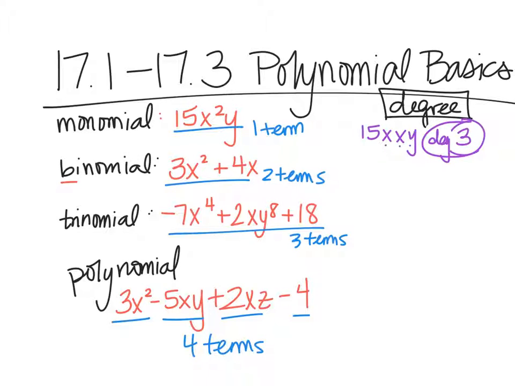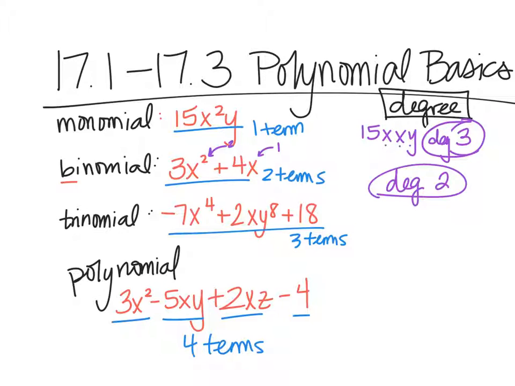When you start getting multiple terms, then your rule is, and you probably want to write this in your notes, you pick the degree of the term with the highest degree. So we have to count the degree for everything. So if in this binomial, I've got a degree of 2 and a degree of 1, because there's 2 x's in the first one, 1 in the second. So the final degree of this is just 2, because I picked the maximum.